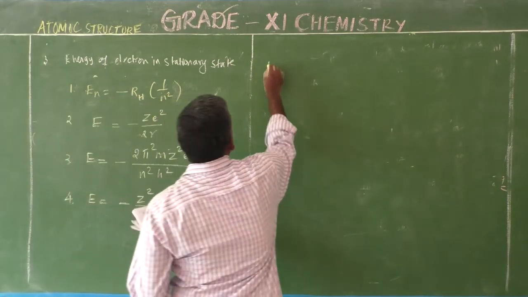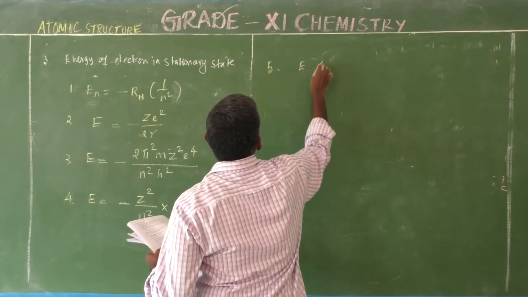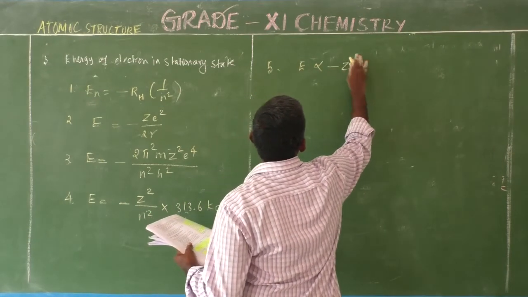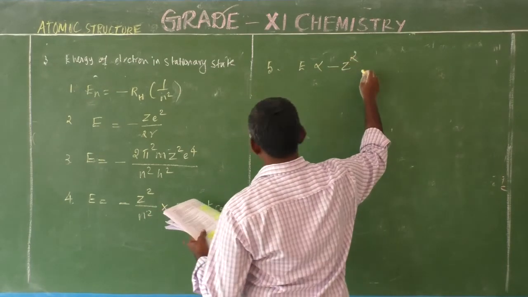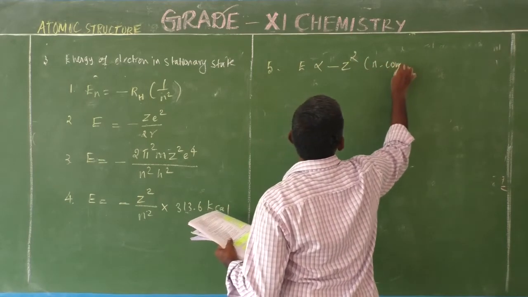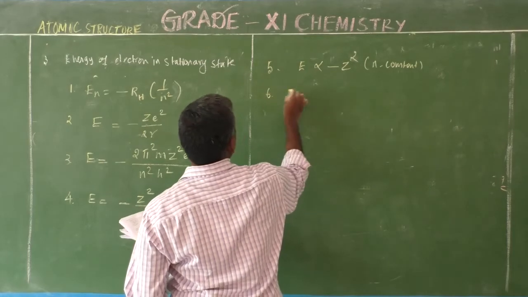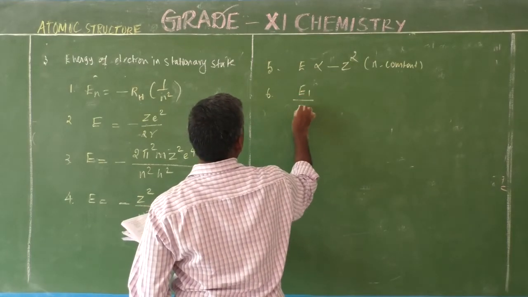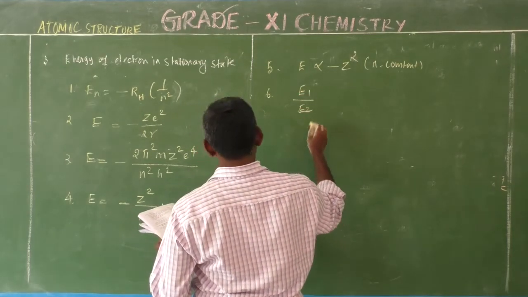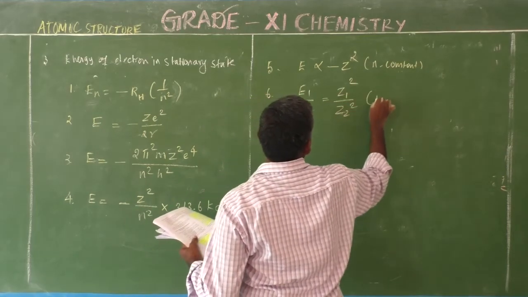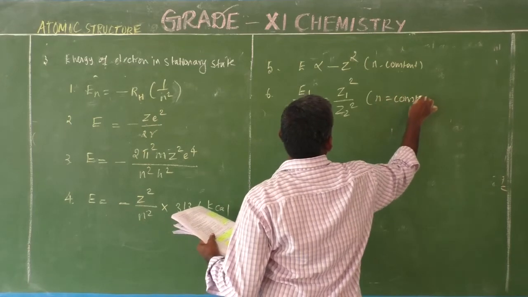Fifth formula: E is directly proportional to minus Z squared, where n is constant. Sixth: E1 by E2 is equal to Z1 squared by Z2 squared, where n is constant.